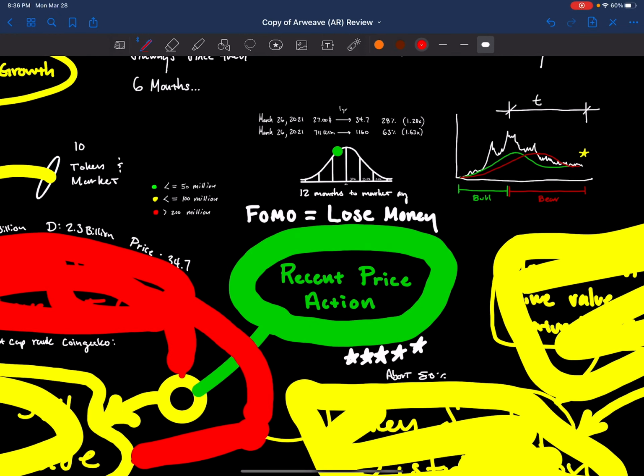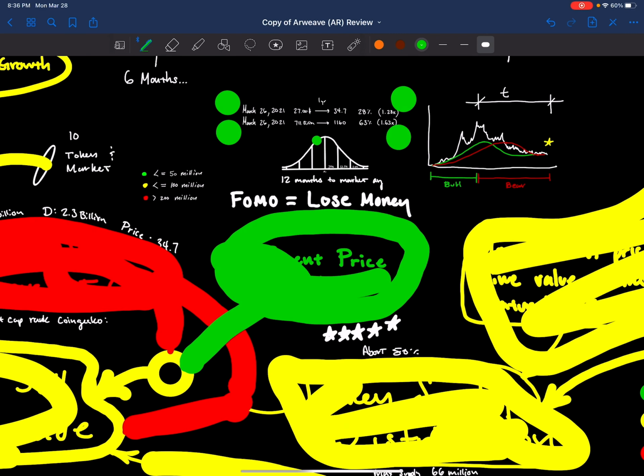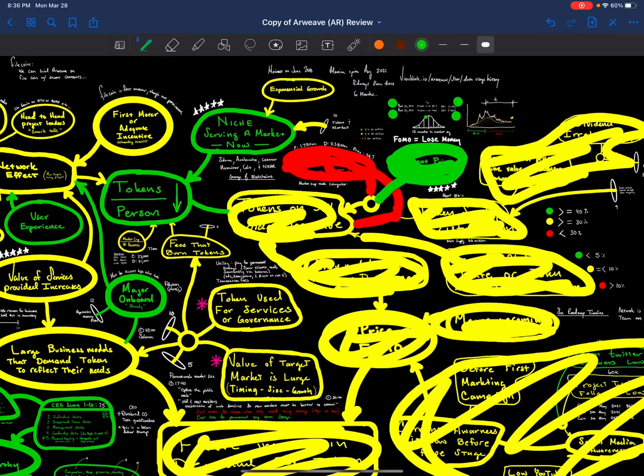Recent price action. Okay, regarding the last year, the price has increased 28%. The average crypto has grown 63%. So it's not seeing any extreme hype from price. So it's not super dangerous to enter if you wanted to enter this project now, because it hasn't gone through an insane hype stage.